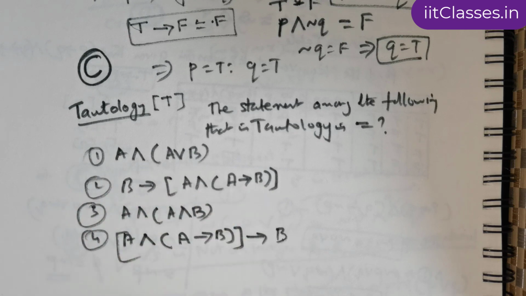So this is a simple question. You can either use the truth table or the set theory techniques to find out which is leading to tautology.